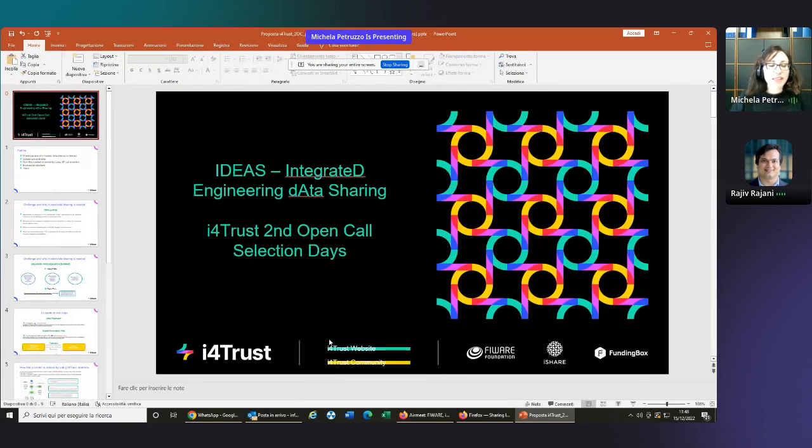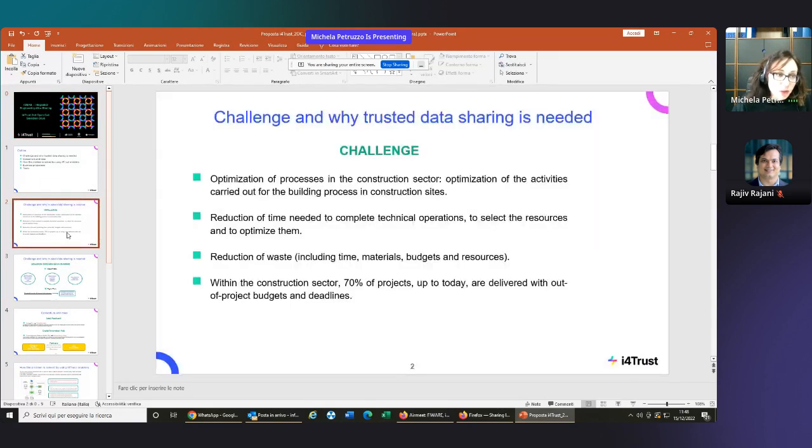So this is IDEAS, integrated engineer data sharing. I'm Michela Petruccio, and I'm presenting this project from the FAB4 Digital Innovation Hub. This project is aimed at promoting sustainability and efficiency in the smart construction sector.